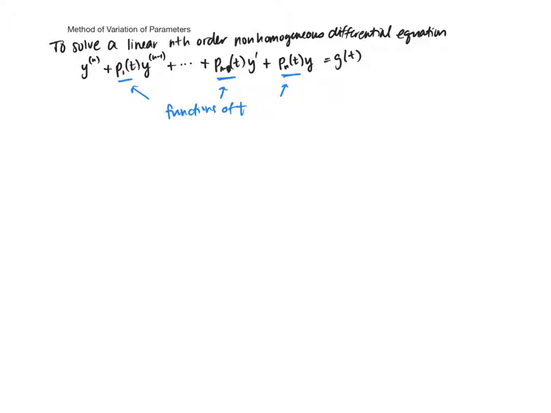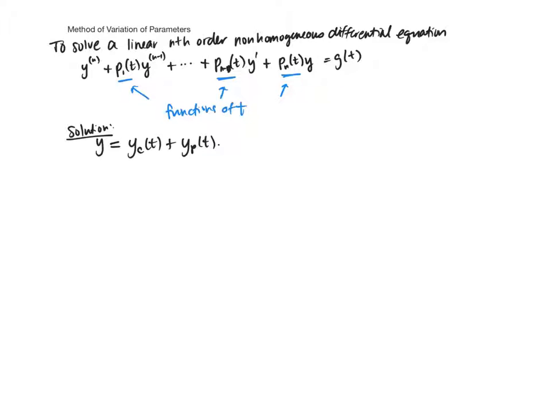So what does a solution of this kind of thing look like? Well, the solution will, again, have two parts. So it's going to have yc of t plus yp of t. Okay?